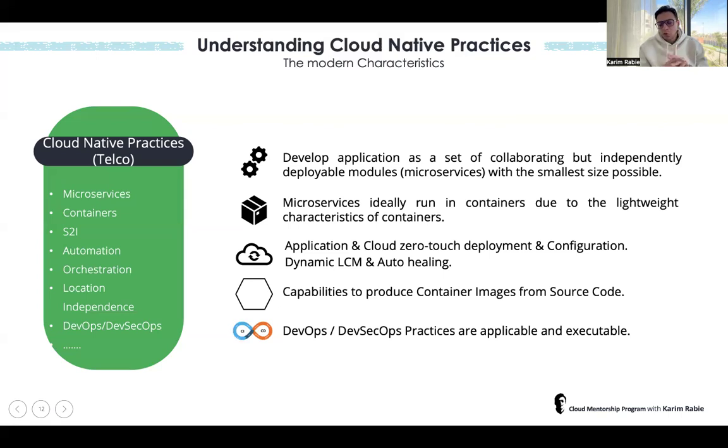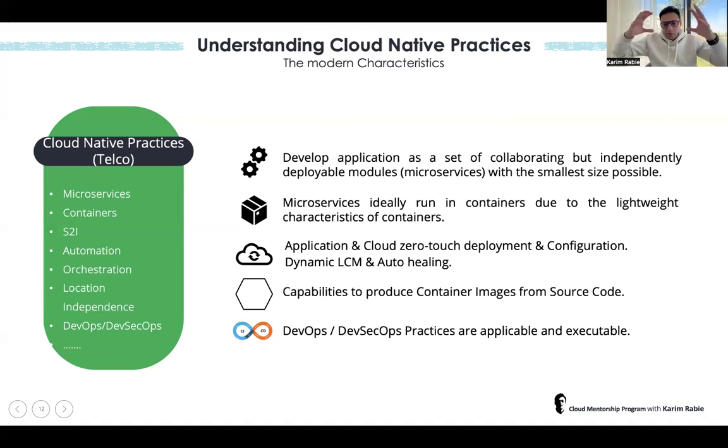Capability to produce a container image from source code. You will see that most of the operators or enterprises that have in-house developers and their own applications have a very strong pipeline, and I will explain what a pipeline is. That starts with a developer writing some code and ends with a container deployed on a container platform.